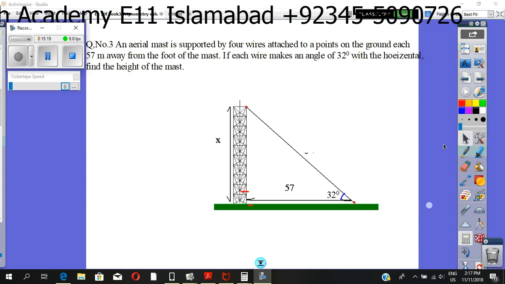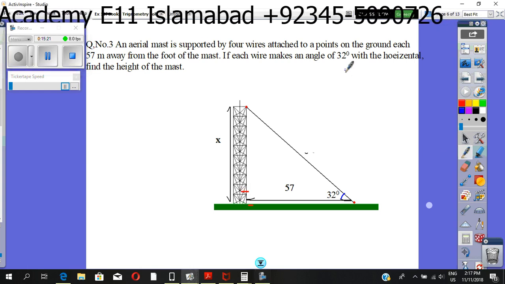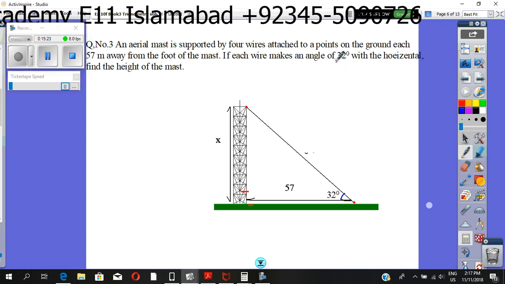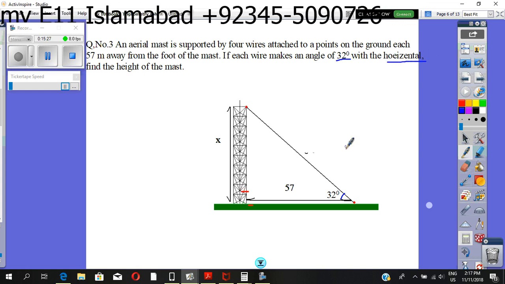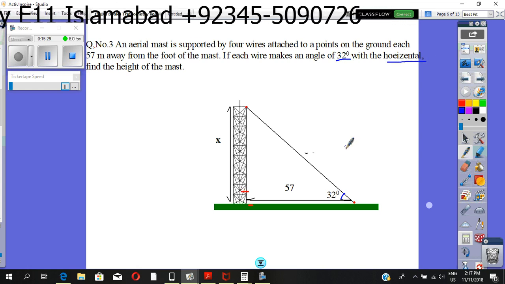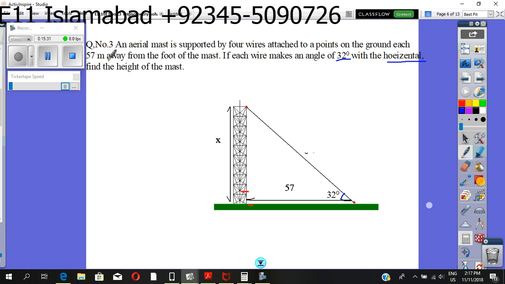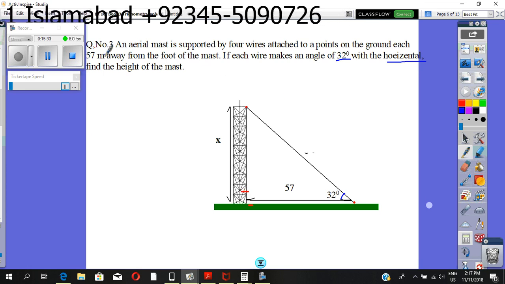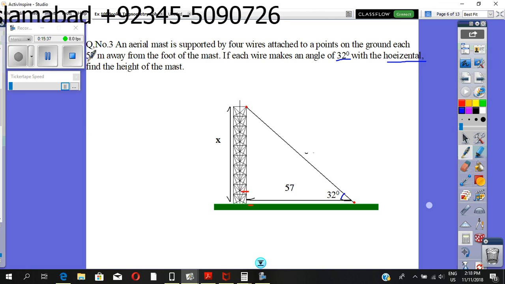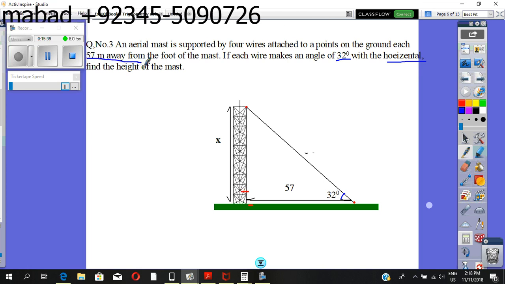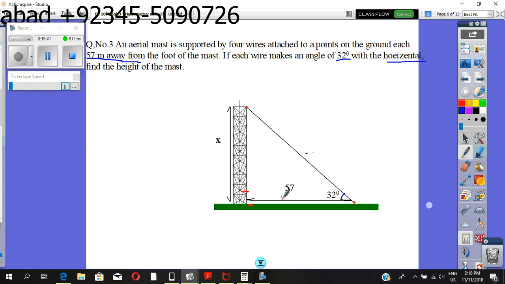Some points are very important: the 32-degree angle is given with the horizontal, not the vertical, on the base, on the ground. We're supposed to find the height of the mast, and we have the distance, 57 meters from the foot.